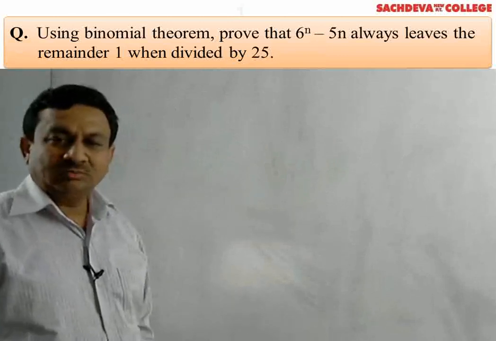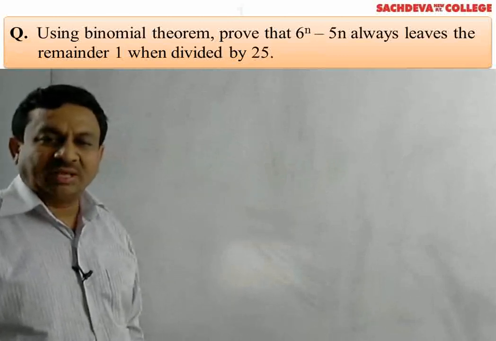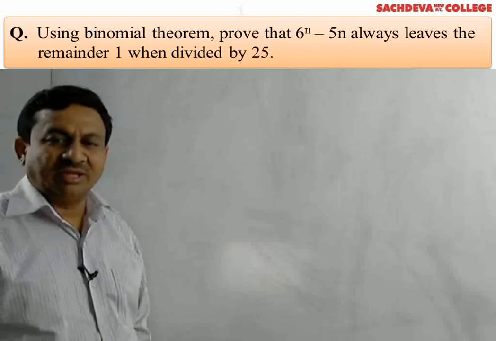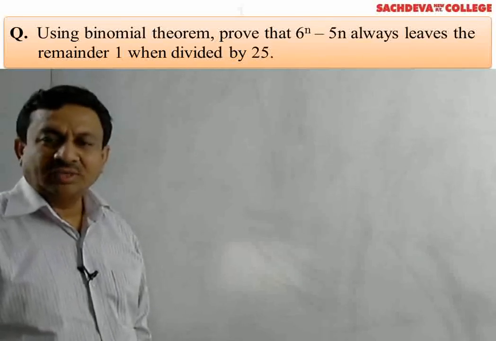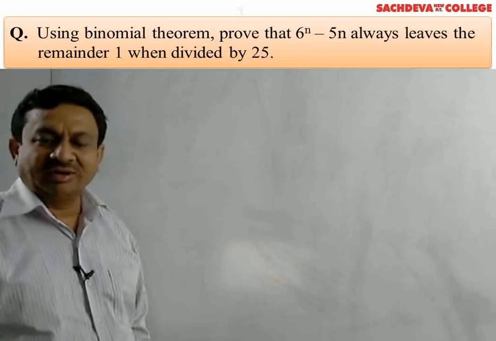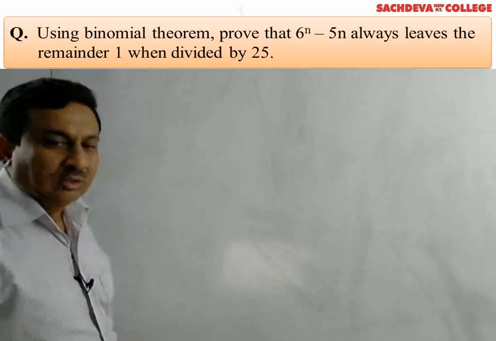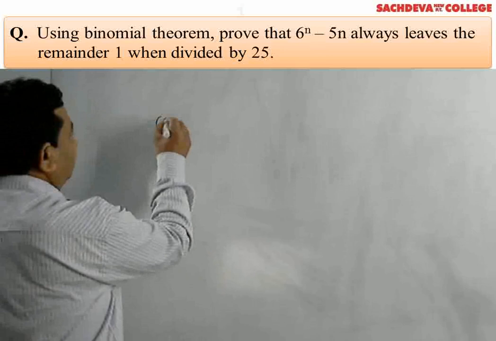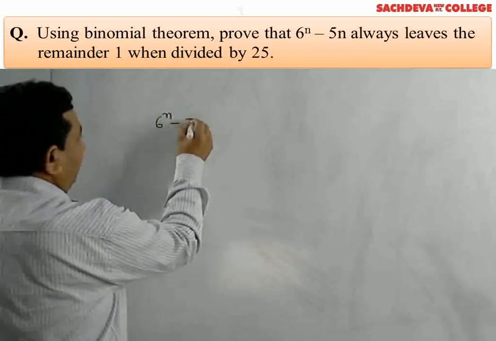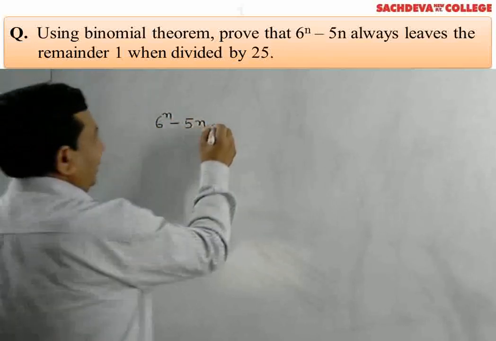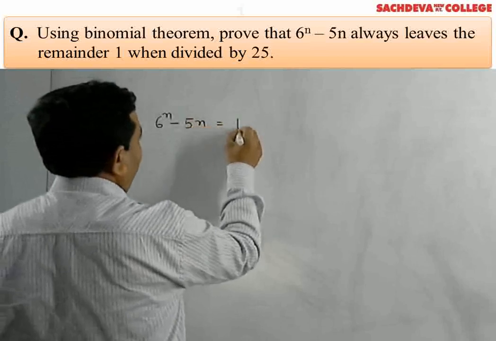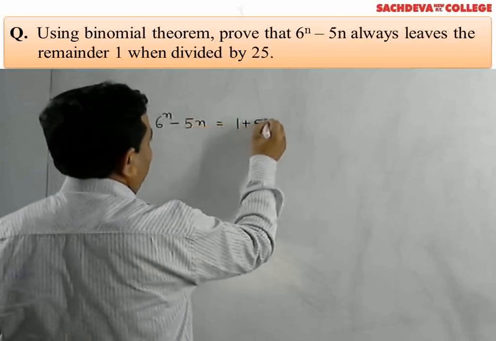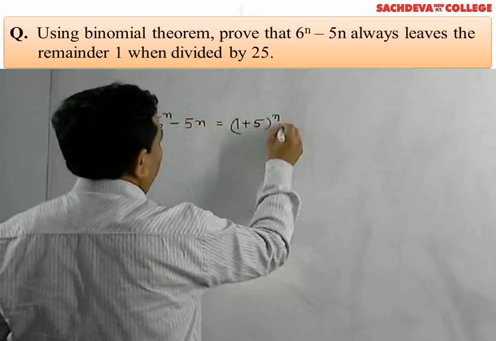Using binomial theorem, prove that 6 to the power n minus 5n always leaves the remainder 1 when divided by 25. So we have 6 to the power n minus 5n, 6 to the power n will be equal to (1 plus 5) to the power n minus 5n.